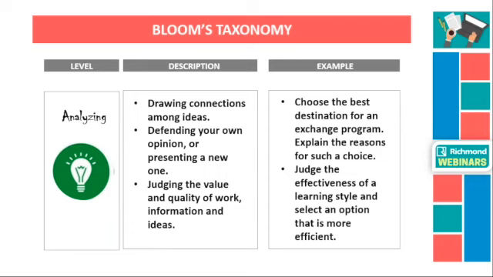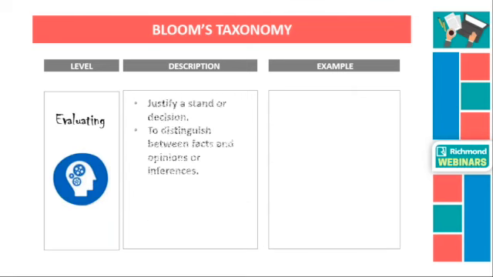Then we have the fifth stage, which is evaluating. Here in evaluating, students have to make an educated judgment about the material that they have received. When we say educated judgment, it's because they need to look at the different possibilities they have, and based on this, they're going to decide, searching through facts or opinions or inferences.